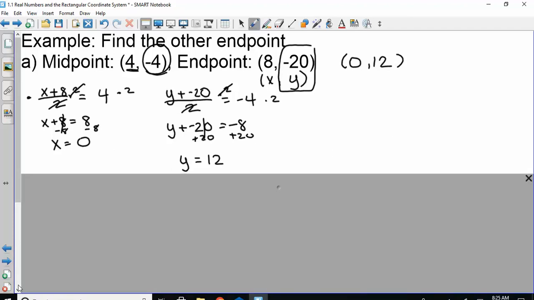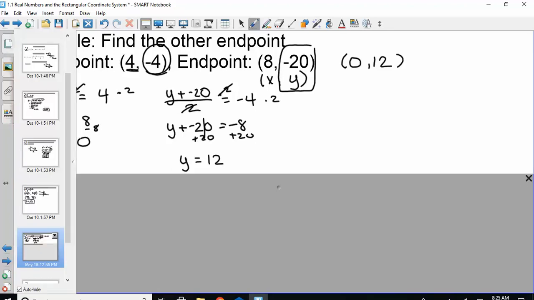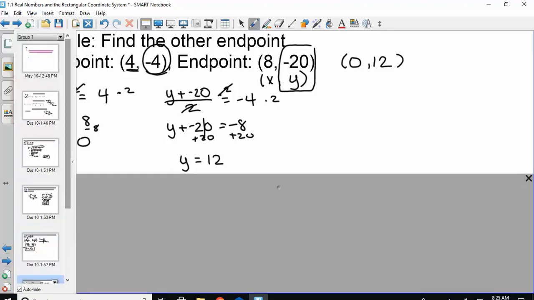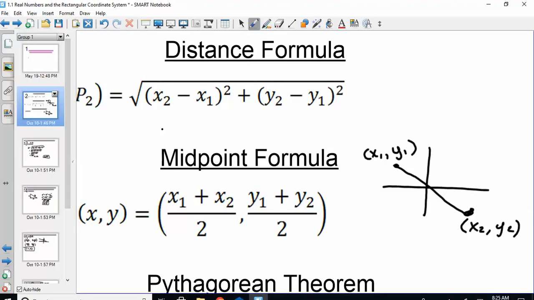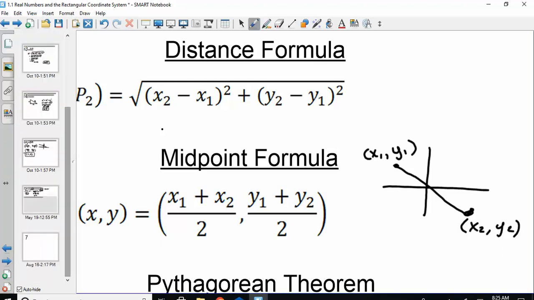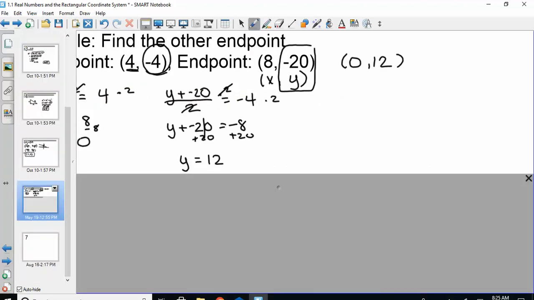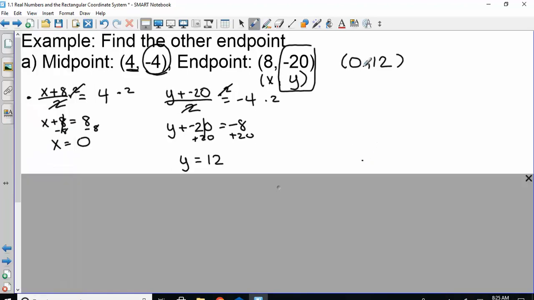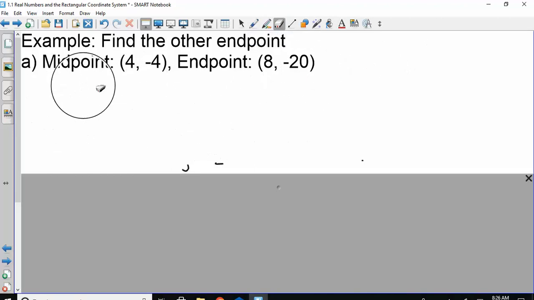So my other endpoint had to be 0, 12. All I really did here was take the midpoint formula and use the midpoint that was given to solve for the missing variable. I always have a few people that like this way because they're more algebra minded, and that's fine. If you like those equations, you can do that. Here's the other option.